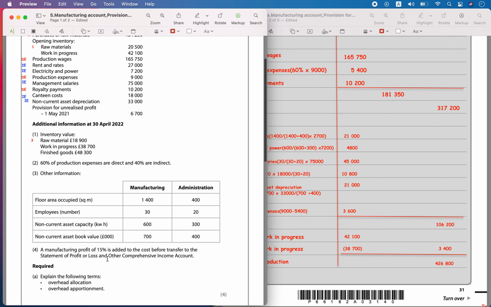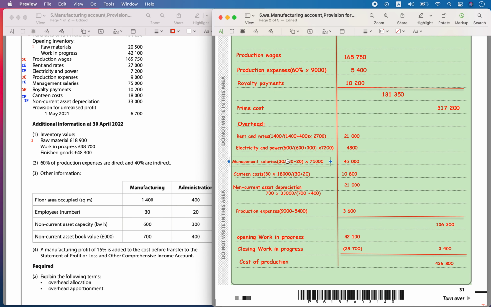And we have to add the profit. 15% profit has to be added. So let's add the profit and then transfer to the income statement.